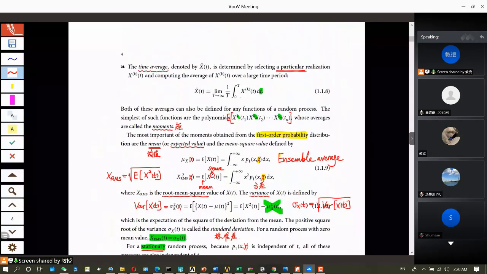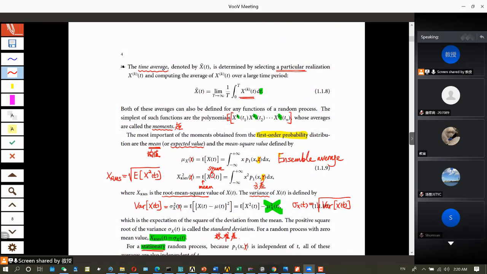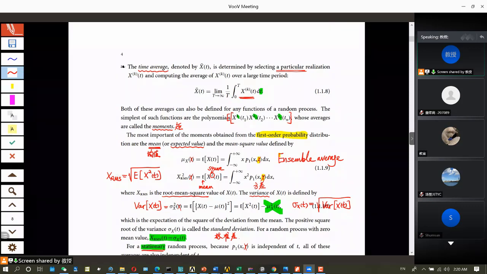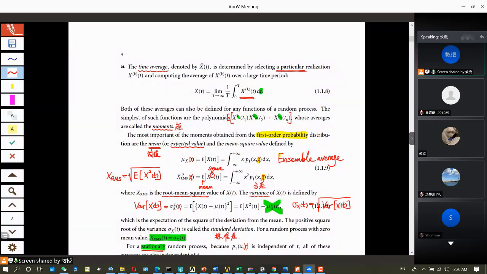We take a typical realization xk and we just integrate for this realization from 0 to t and then divide by t. This is called time average.